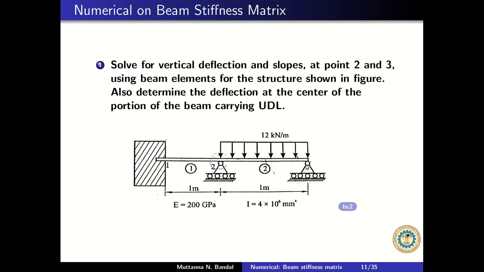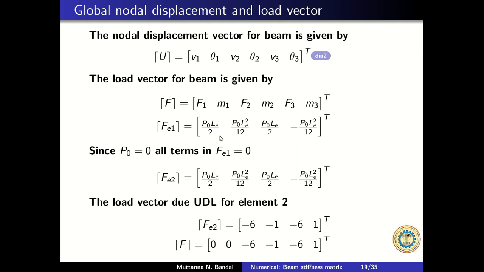Here v3 is fixed, theta 3 is allowed to rotate, so V3 is 0 and theta 3 is not equal to 0. So these become the boundary conditions for us. We should note this, as I will be using these values at a later stage.